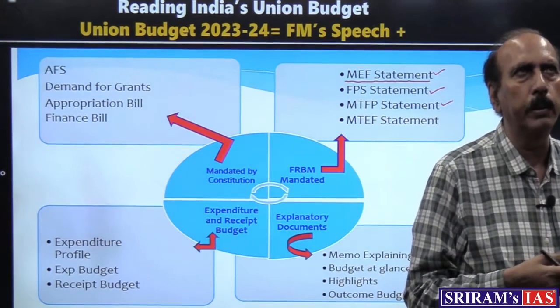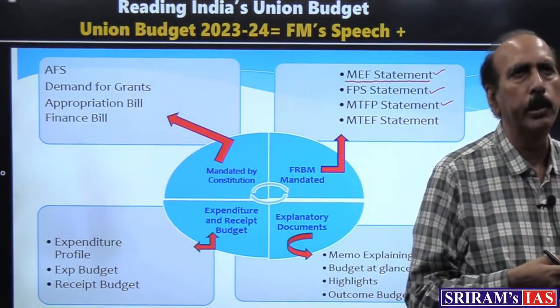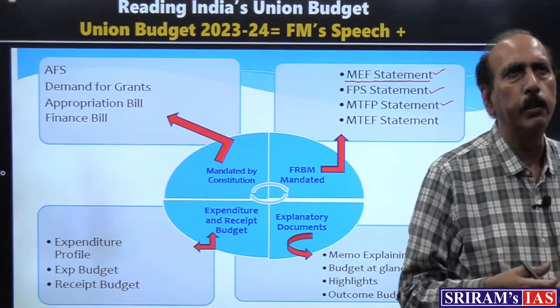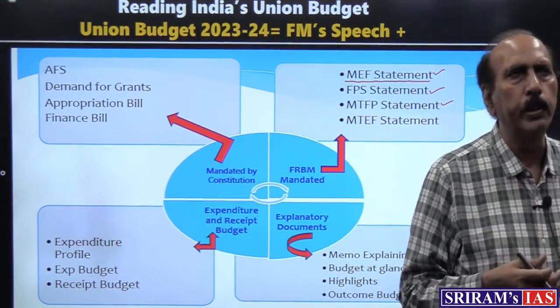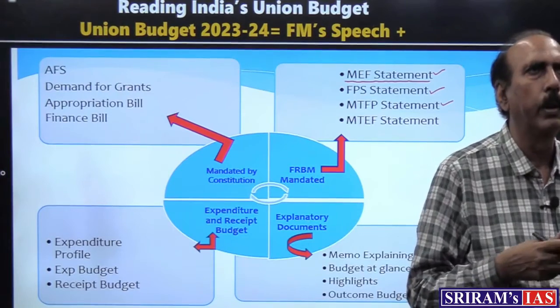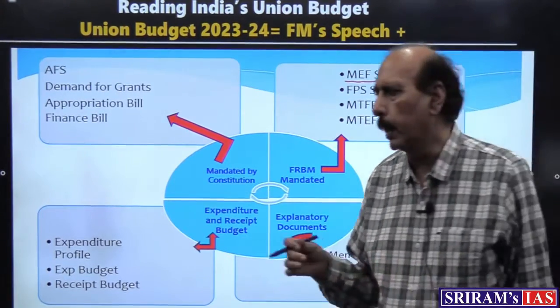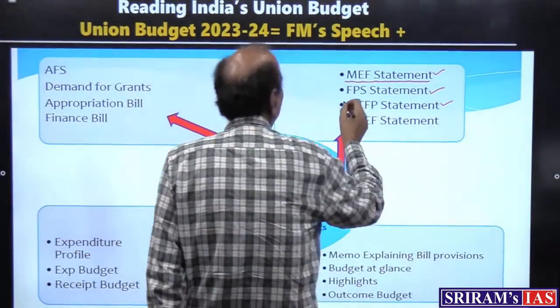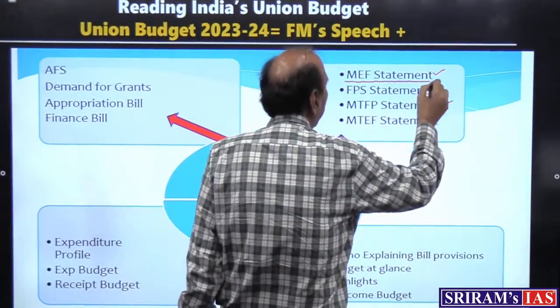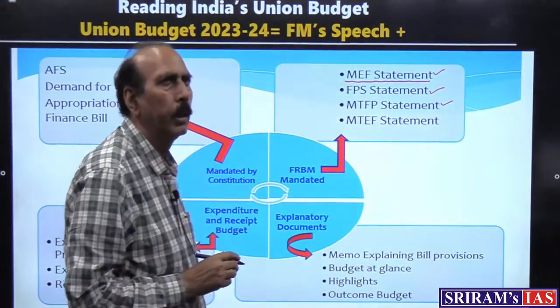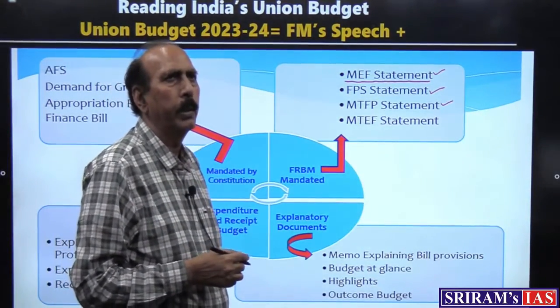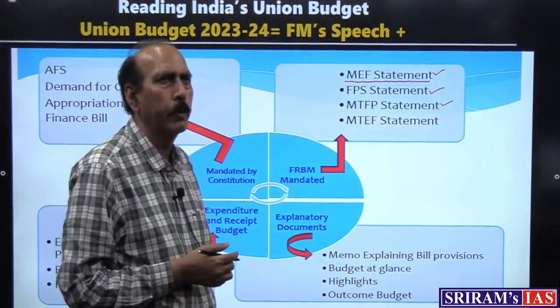What are the government projections about GDP, and based on the GDP, about the tax-GDP ratio or CAD-GDP ratio or fiscal deficit? All these projections are made under the macroeconomic framework statement. This is essentially prepared based on the input given by the survey.